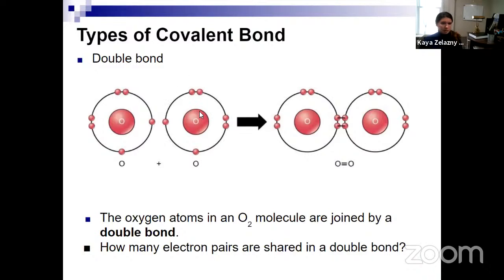If it runs into another oxygen atom, great. That oxygen atom also is looking to form 2 covalent bonds, share 2 electrons. So we can create a double bond between these 2 oxygen atoms. Totally allowed. We'll see that with oxygen with some regularity. So here we see 4 electrons in total are being shared.